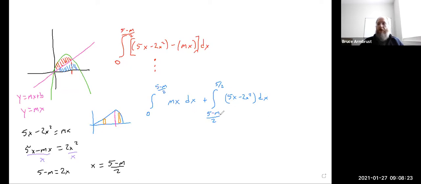But we can definitely do these, right? Do some steps, we'll get our value. Once you're done with the integrals, you're going to have a formula for the red area in terms of m, and a formula for the blue area in terms of m. Then you set them equal to each other because we wanted equal area, and solve for m.